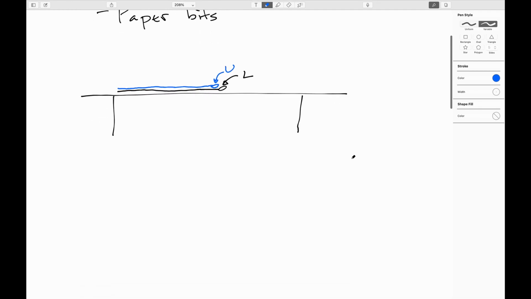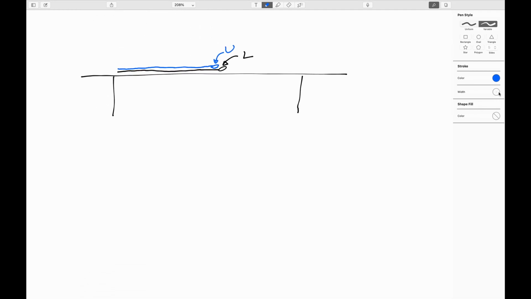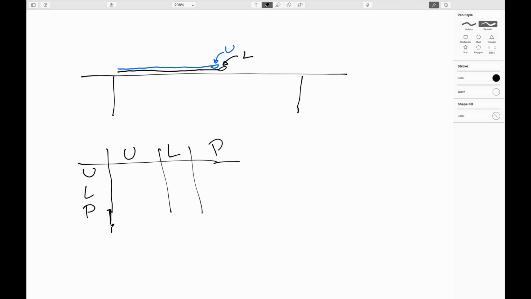Then what I would like you to do is, with your pairs of tapes, I'd like you to hold different kinds of tapes next to each other. And you can make yourself a little table here. So you can have a U tape and L tape, a U tape and L tape and paper, like so: U tape, L tape, paper, paper, like so.